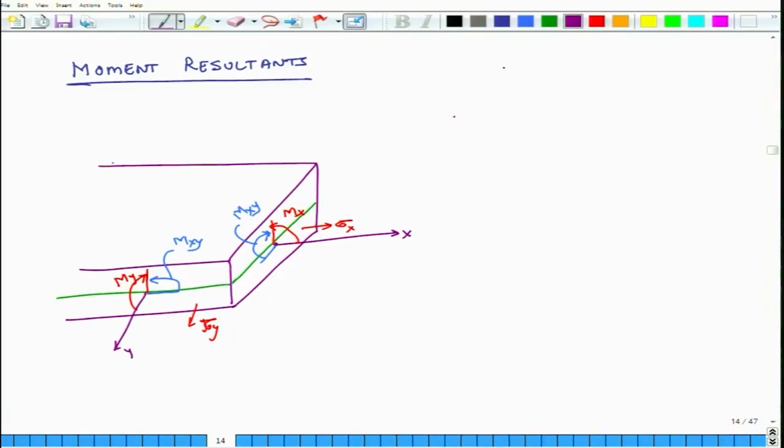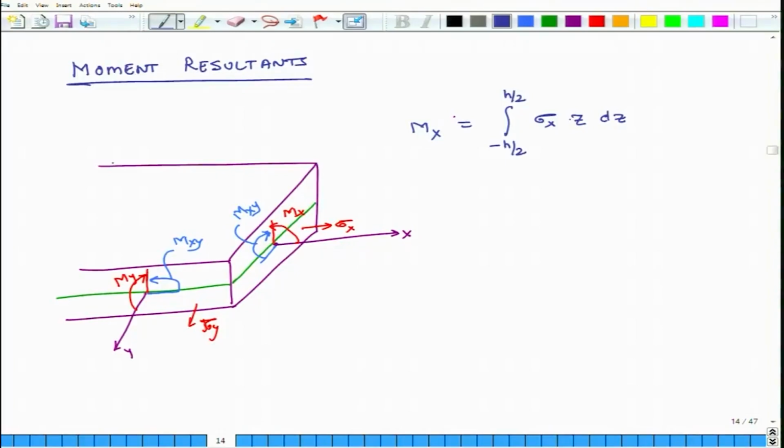an integral. So, we will write one relation: mx is equal to the integral from minus h by 2 to h by 2 of sigma x times the distance z, dz. Then it is mx, which is moment per unit length in the x direction.